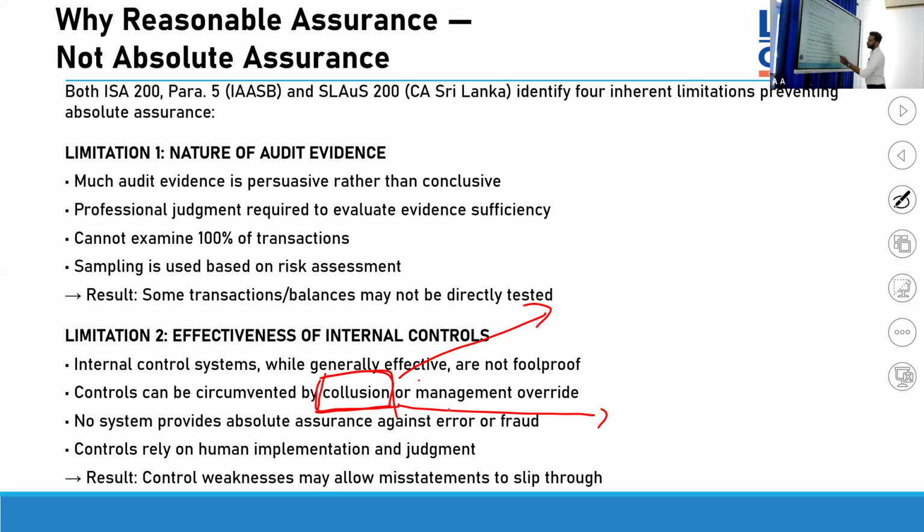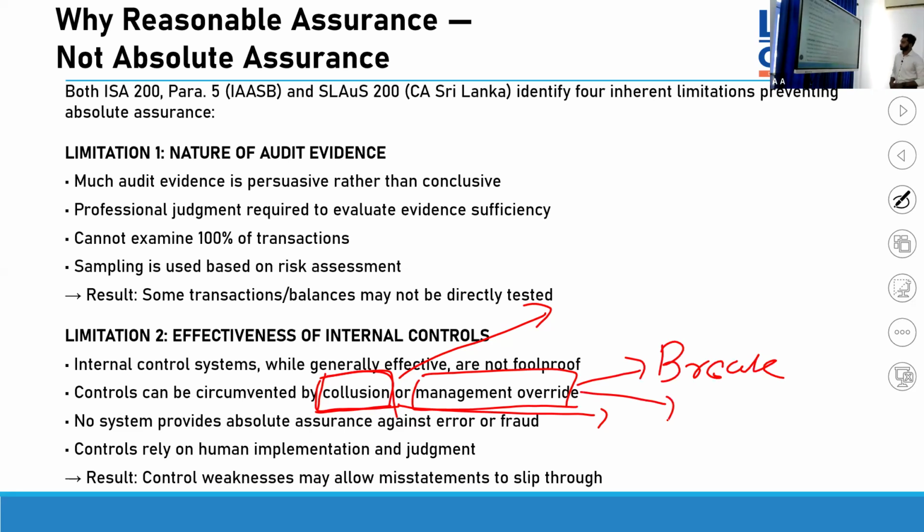As well as the higher officials, leaders, or the managers are the persons who implement these internal controls. So they can easily break those rules and override those controls, right? If we are the rule creators, we can be the rule breakers also, right? That is the normal assumption. So management can easily override the internal controls.